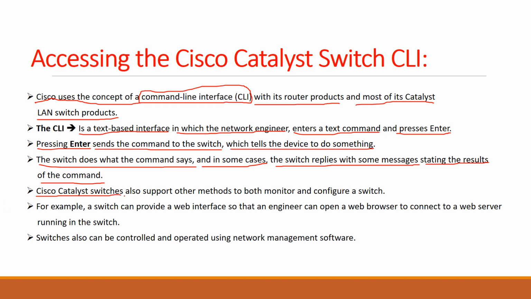Cisco Catalyst switches also support other methods to both monitor and configure a switch. Let's give an example. A switch can provide a web interface instead of the CLI so that an engineer can open a web browser to connect to a web server running in the switch.